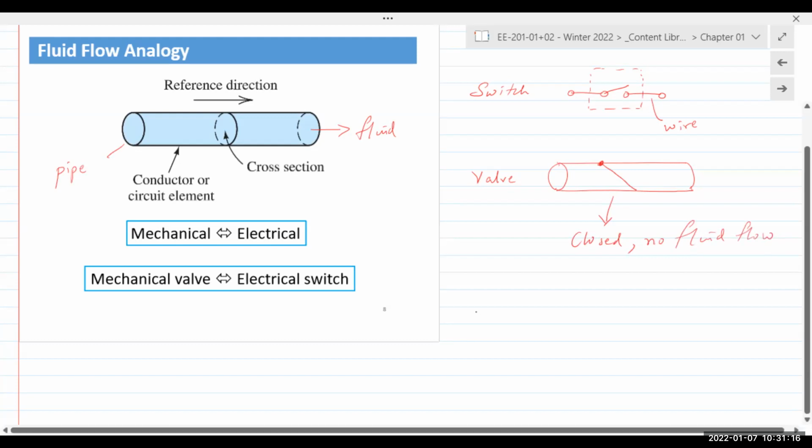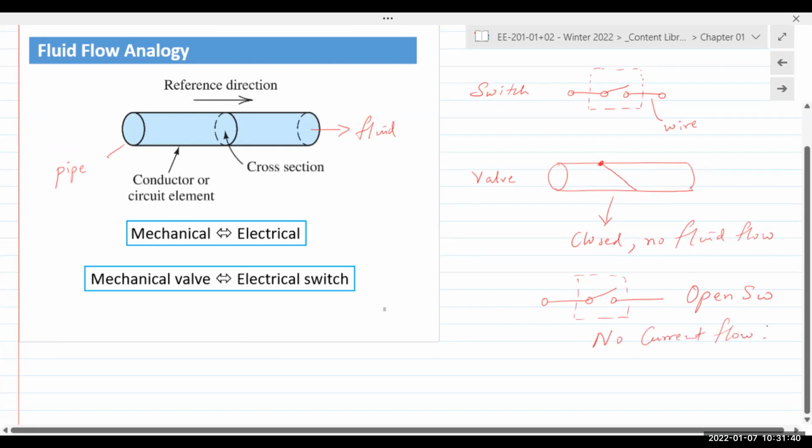However, in the same position, the electrical switch is said to be open. Open switch, no current flow.